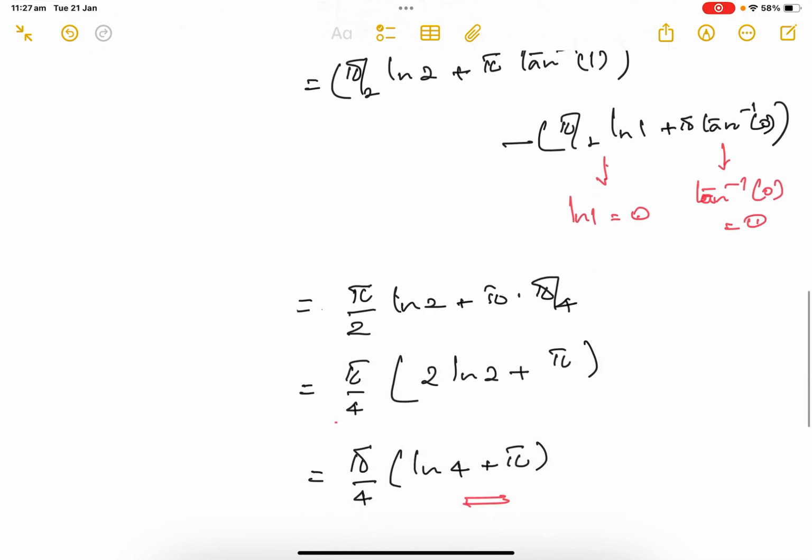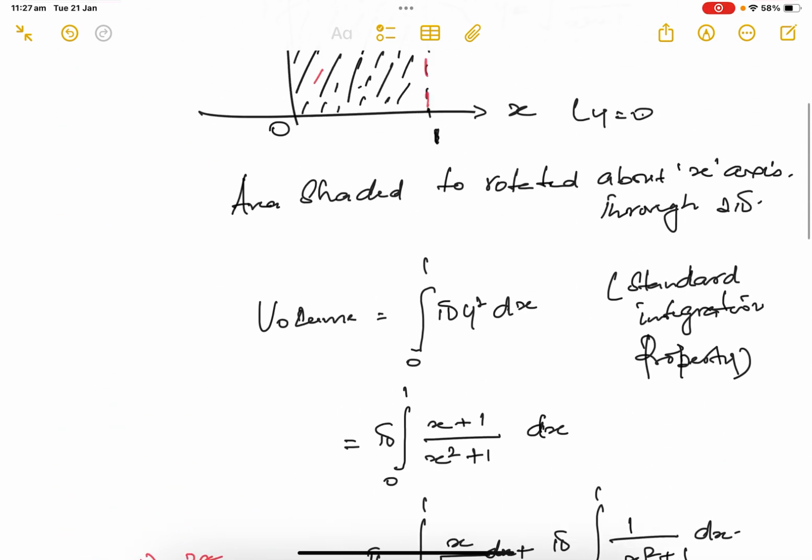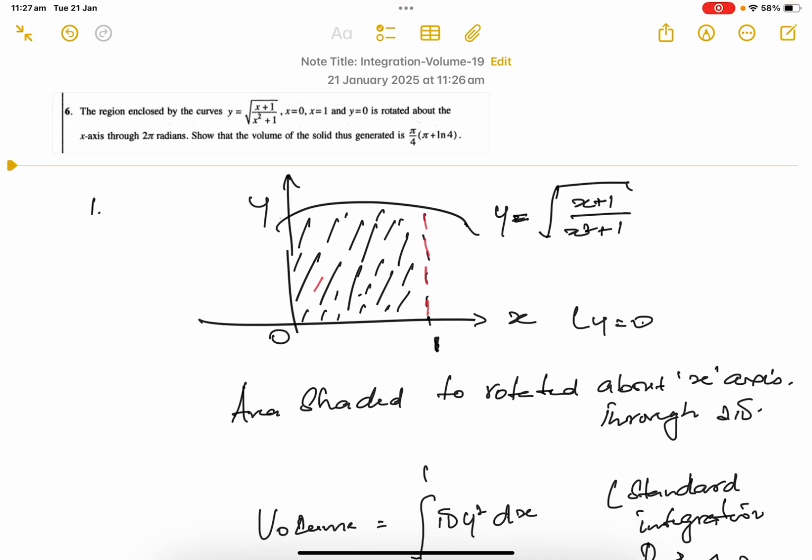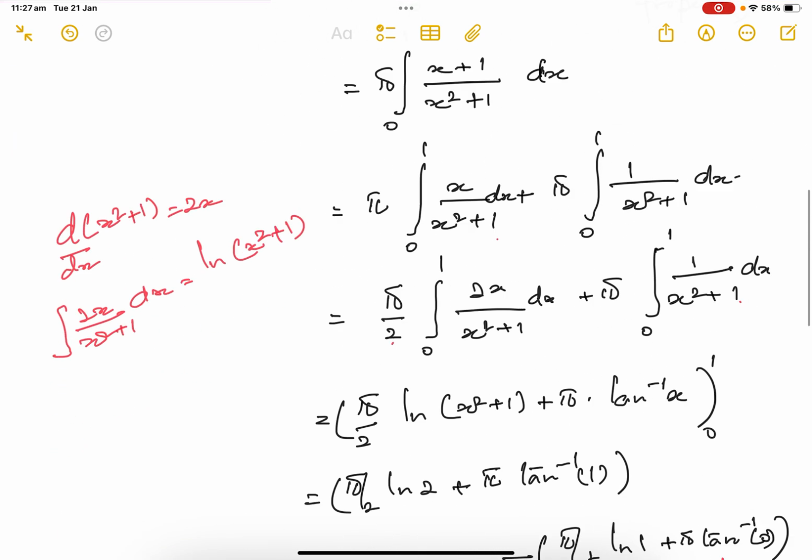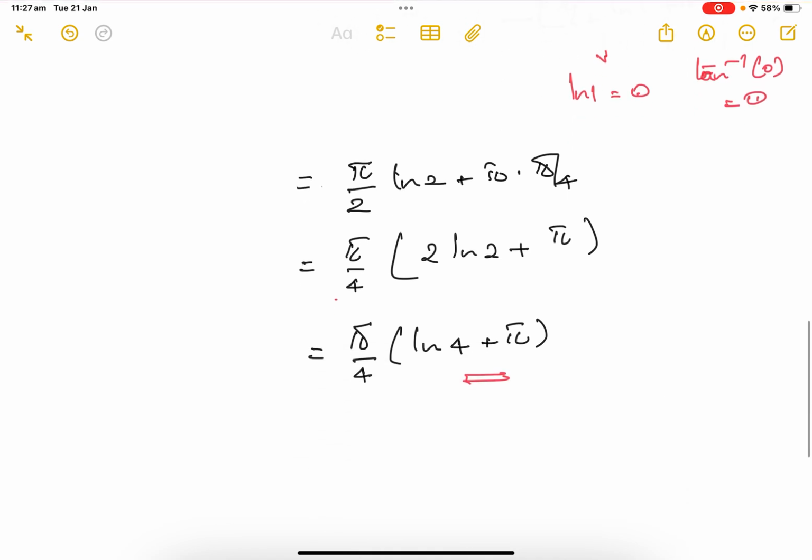So what we are left with is π by 2 log 2 plus π over 4. The question asks us to prove π by 4 times something inside the bracket, so we have to take π by 4 out to get the format they want. If you take π by 4 out, of course you have to multiply the log 2 by 2, plus π left.